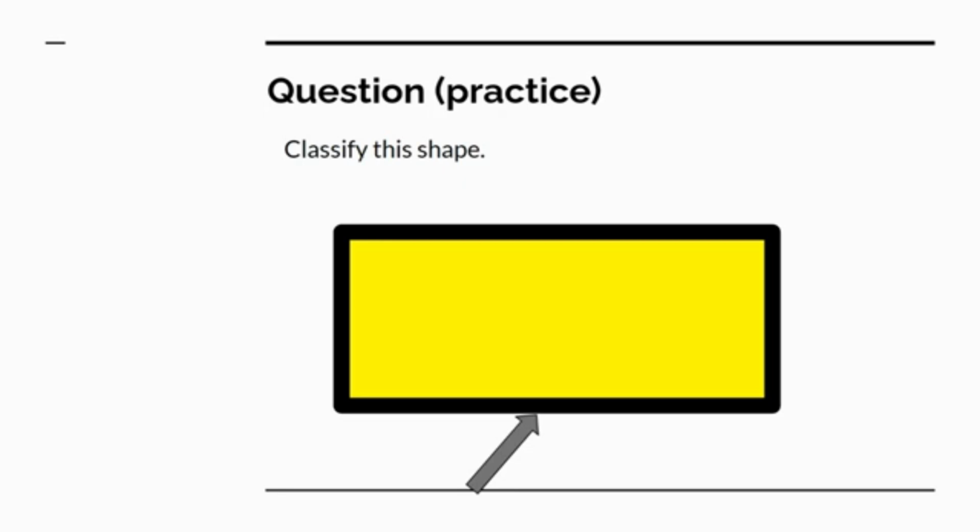Is this side parallel with any other side? Yes. It's parallel with the opposing side. Are the other sides parallel? Yes. So let's mark and score them like this so we can see their attributes.